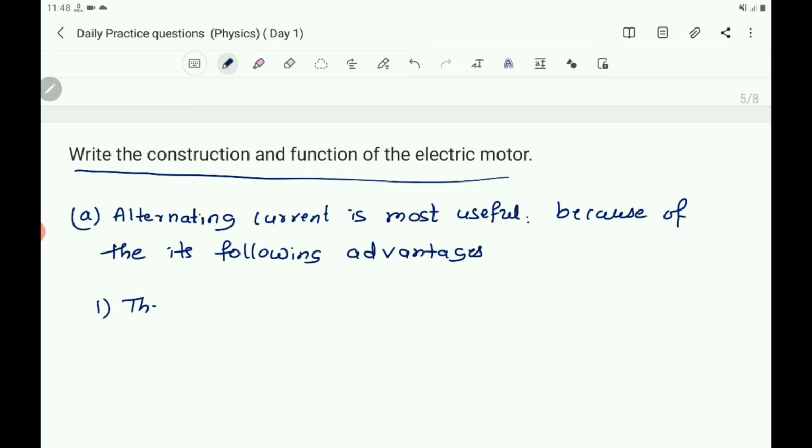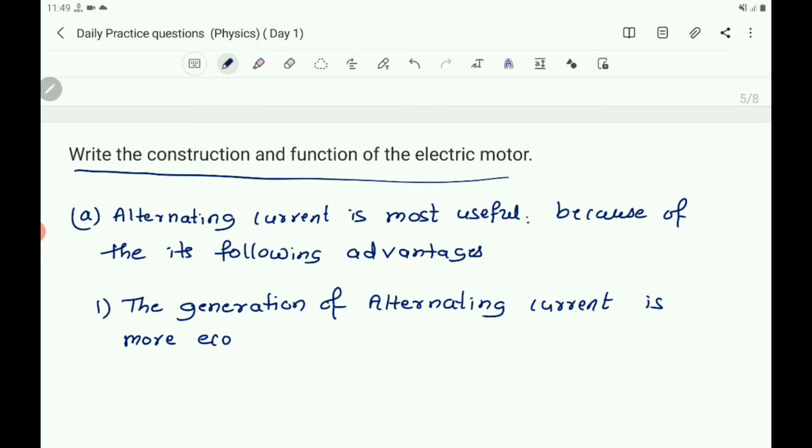You write the reason that the generation of alternating current is more economical than direct current.